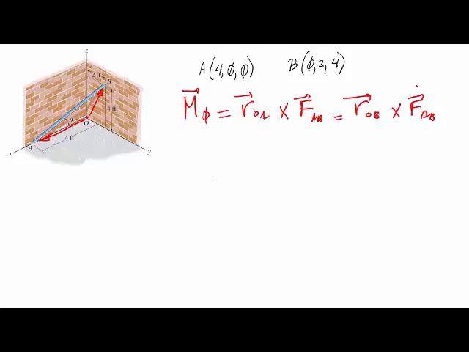So whenever we talked last time, we mentioned that to calculate the moment with the cross product, you have your force vector and then a position vector along any line along the force. Okay?